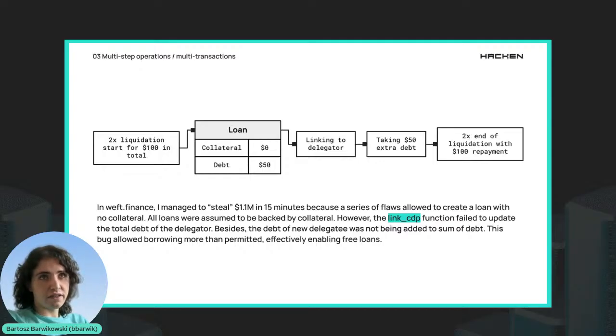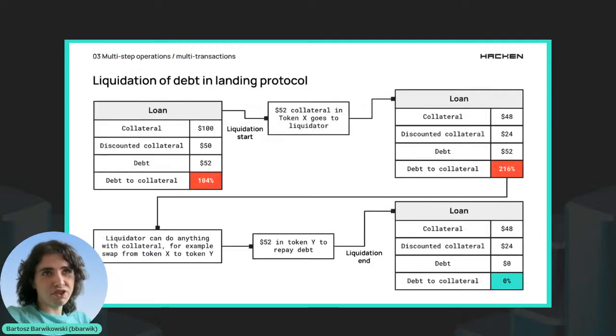They had a very complex liquidation mechanism, doing the liquidation process in a few different calls to the smart contracts in a single transaction, and by changing the owner of the loan and taking more debt during this liquidation, I was able to basically cheat the system and generate free loans because I was abusing this liquidation mechanism.